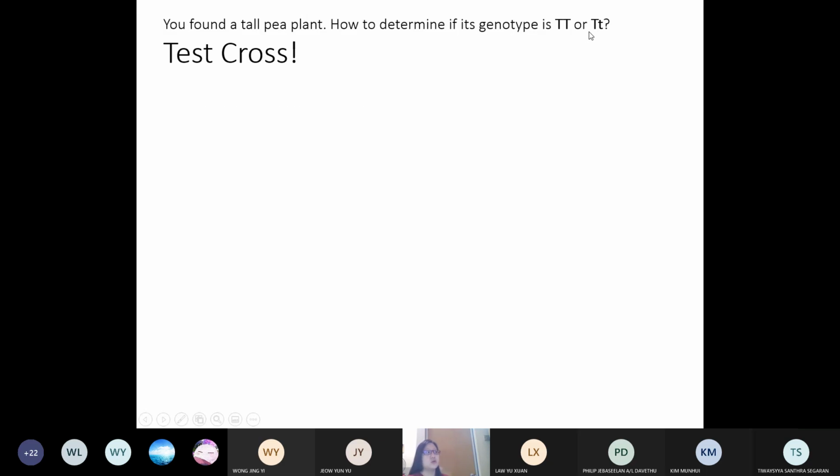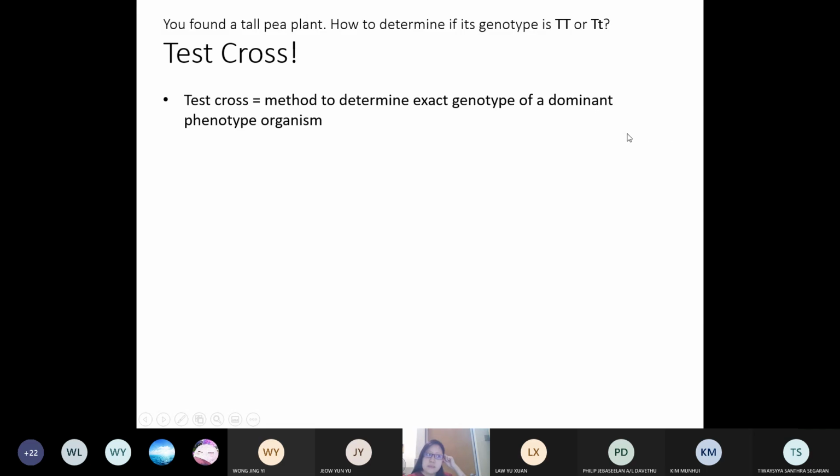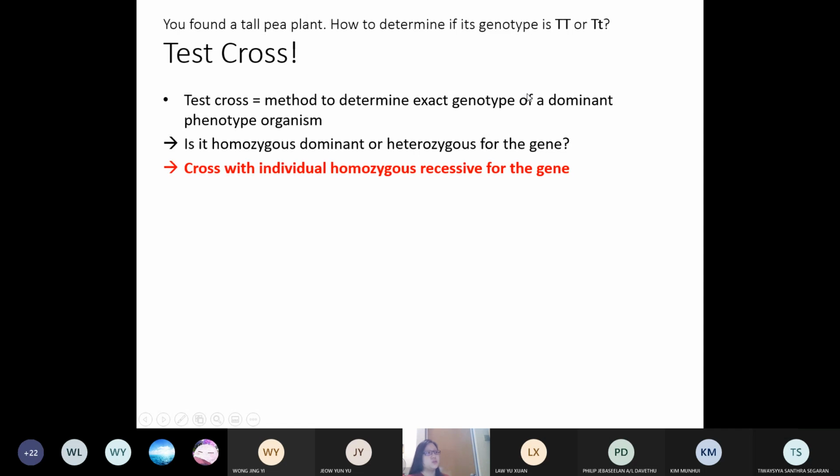We use the test cross. Test cross is a method to determine the exact genotype of an organism with a dominant phenotype. So in this case, we are using the tall short example. So if it's tall, is it big T big T, or big T small t?